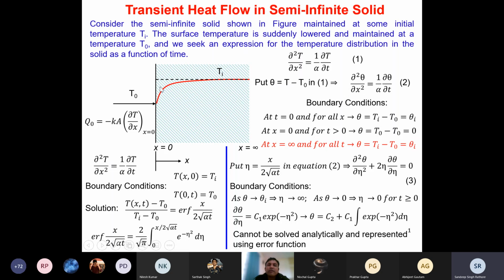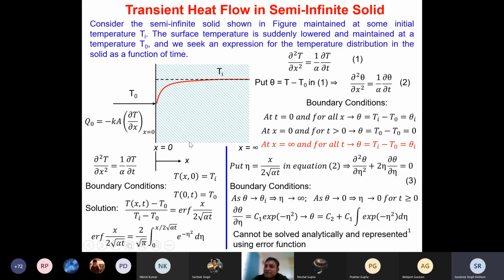Unsteady state temperature profile. Of course, if I give sufficient time, then the temperature inside the solid block will also be T0. But since I am saying this is a semi-infinite solid, it means the dimension X is infinite. That's what I'm saying. Can you see the point?